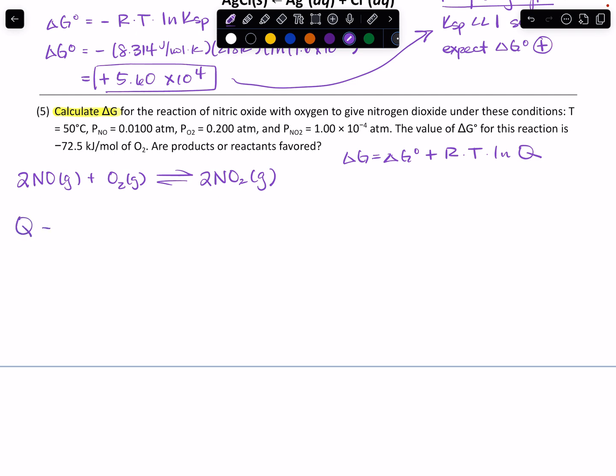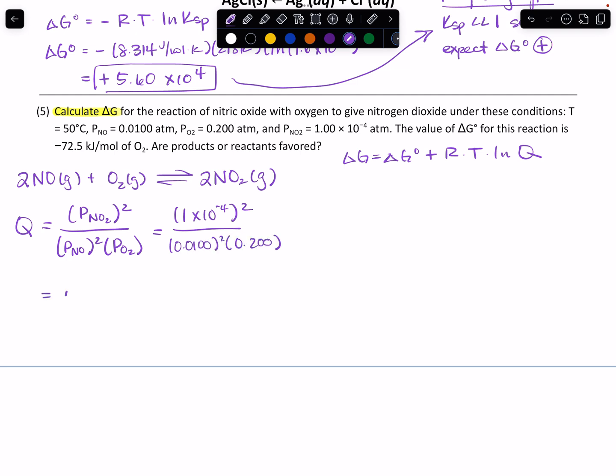So I'm going to take a moment over here and calculate Q. It's going to be the partial pressure of NO2 squared divided by the partial pressure of NO squared times the partial pressure of O2. So I've got 1 times 10 to the negative fourth squared divided by 0.0100 squared times 0.200. Plug everything in, and I'm going to get 5.0 times 10 to the negative fourth.